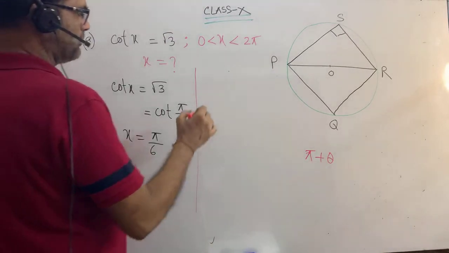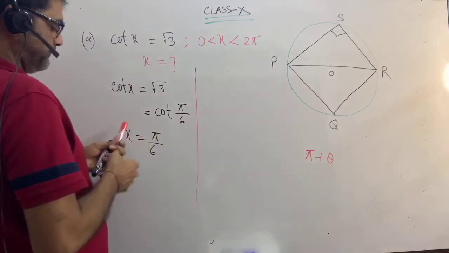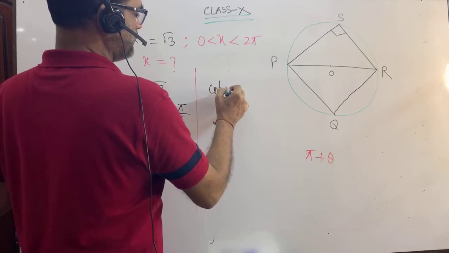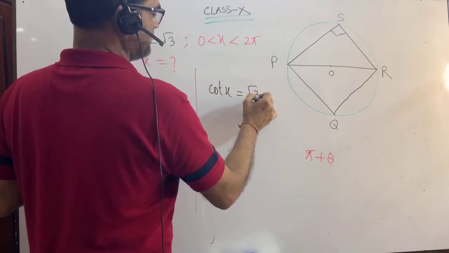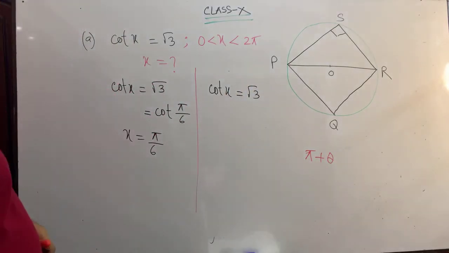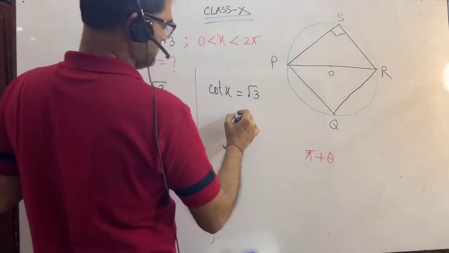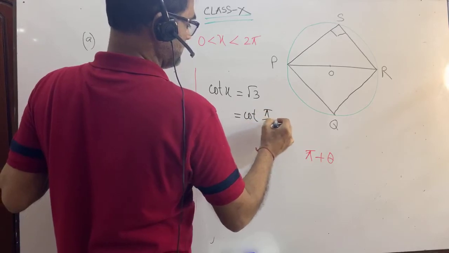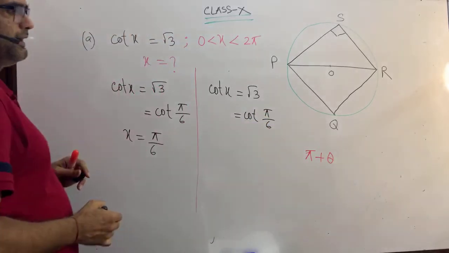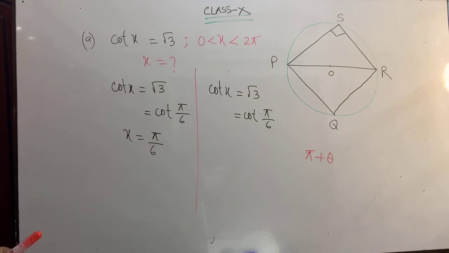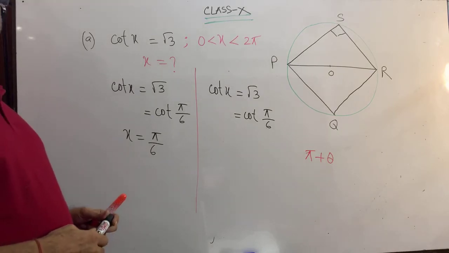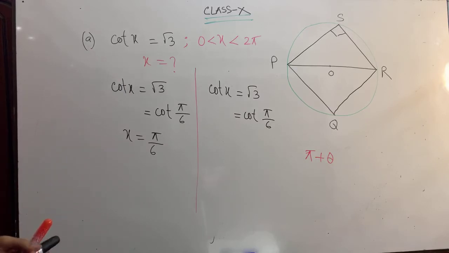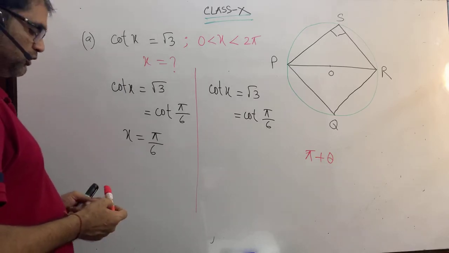It's okay, you write down. Again you will write down cot x equals root over 3, right? Then you write down cot pi by 6. Now we have to find the value of x in the third quadrant, keeping in mind that cotangent is also positive in the third quadrant along with the first quadrant.